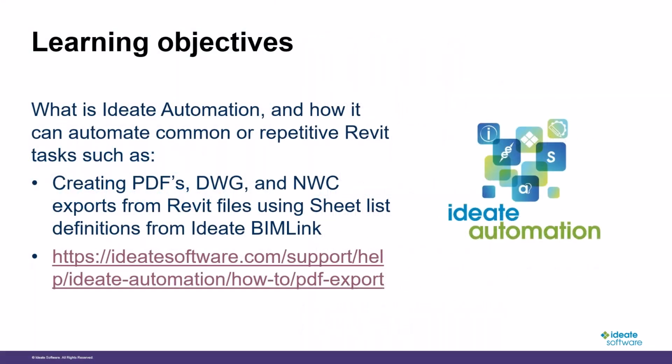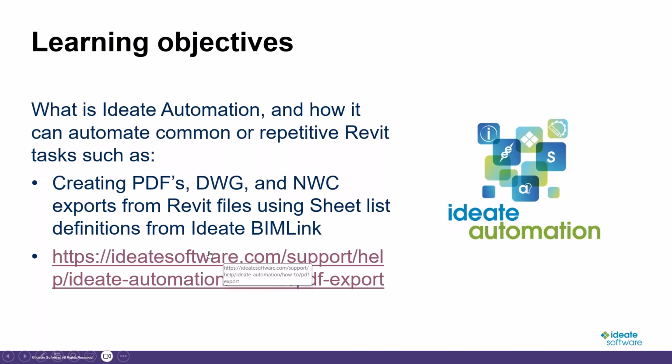Okay, so what is Ideate Automation, you may ask? It is, as I said, a desktop solution that allows you to script specific tasks that you can run again and again, and you can schedule these tasks to run at off hours, maybe 2 in the morning, for instance.